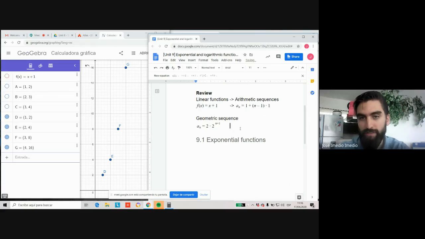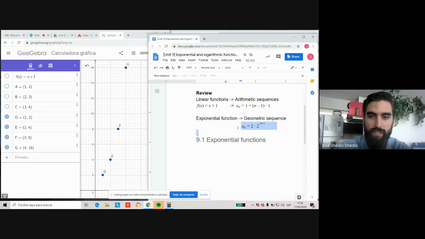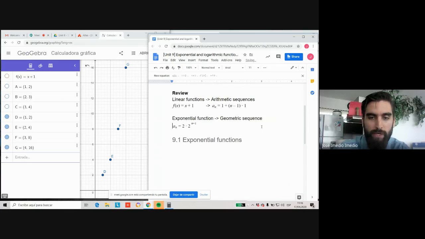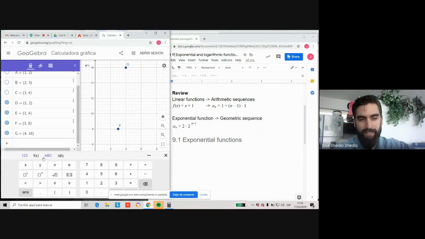The exponential function is the equivalent to the geometric sequence, but using the continuous variable x.